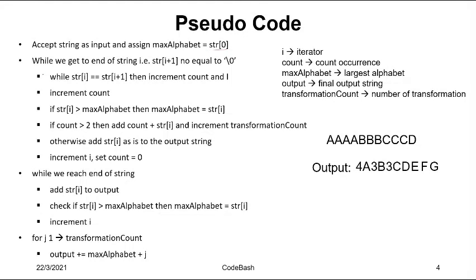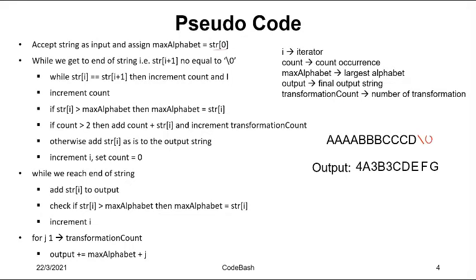Then we start a while loop again, and this while loop will continue till the string at I plus 1 is not equal to the slash zero, the null which is at the end of every string.